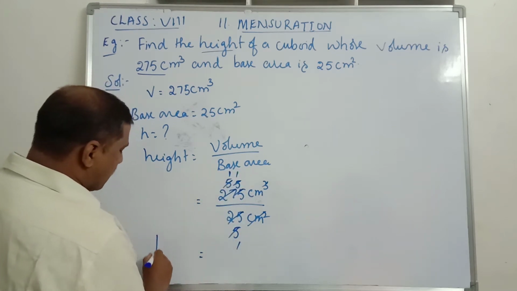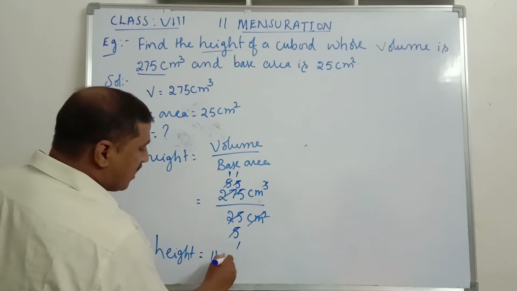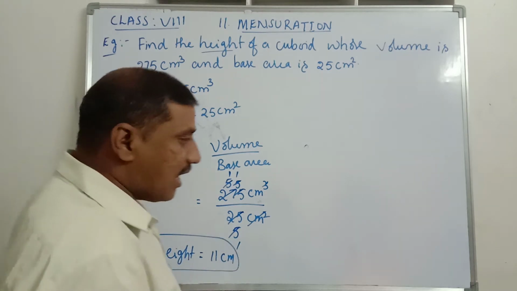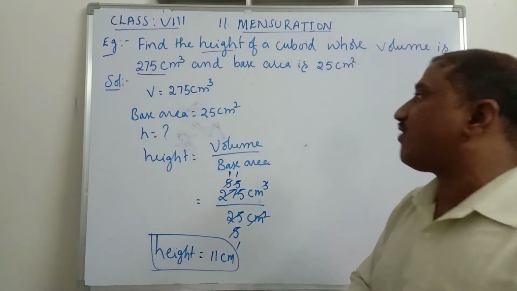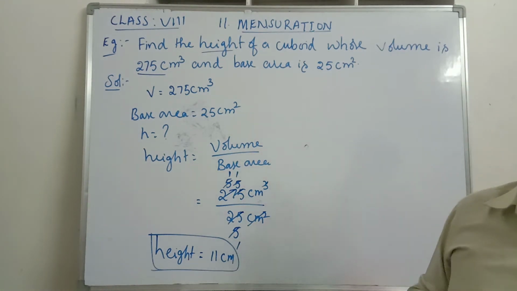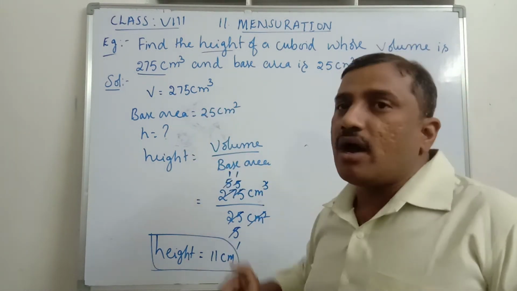So therefore height is equal to how much? Height of the cuboid is equal to 11 centimeters. Like this we will find the height of the cuboid when base area and volume are given. Similarly we can find base area when volume and height are given.